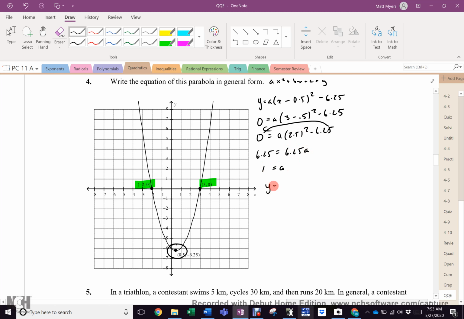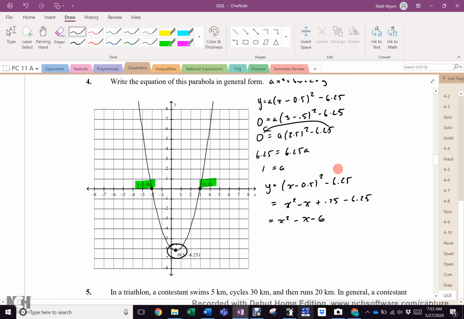So y equals, a is 1, so I don't need to write it, x minus 0.5 squared minus 6.25, which is x squared minus x plus 0.25 minus 6.25, x squared minus x minus 6. That's one way to do it.